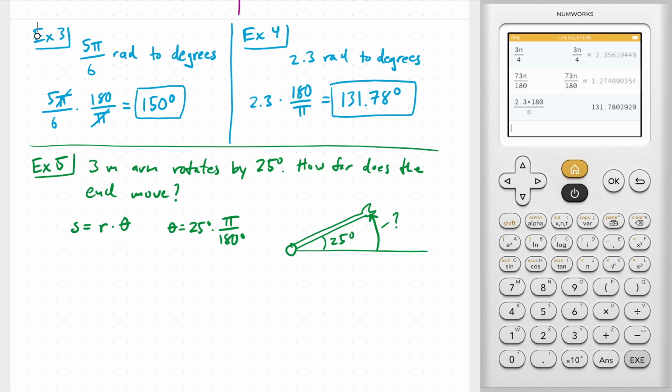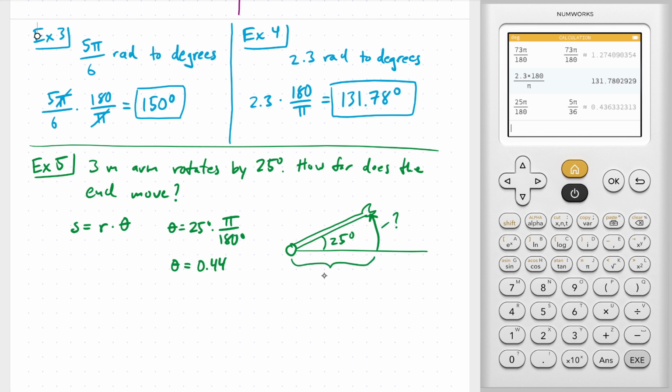And so I'll plug that in the calculator. 25 times pi divided by 180 degrees. All right, so I got that theta is approximately equal to 0.44. Okay, and so in order to figure out the arc length, we need to actually know the radius too, right?